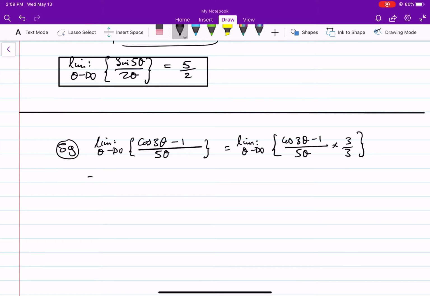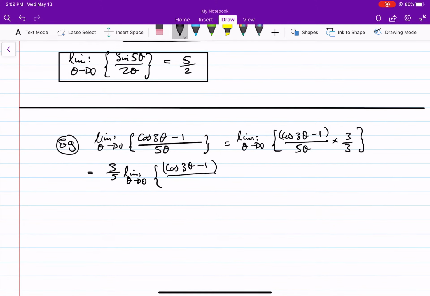So this becomes 3/5 times the limit as theta approaches 0 of, and what's left inside? Cos 3 theta minus 1. By the way, maybe I should put this in a bracket. The 3 from the numerator, the 5 from the denominator comes out. What's left inside? On the denominator, I just have 3 theta.